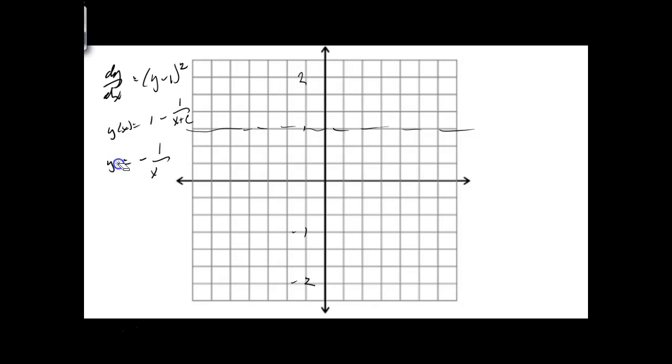Let me rewrite. Y of x is equal to 1 minus 1 over x plus c, or (x plus c) to the minus 1. So y prime of x is equal to 1 over (x plus c) squared.